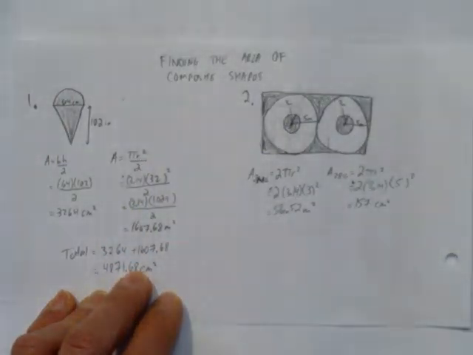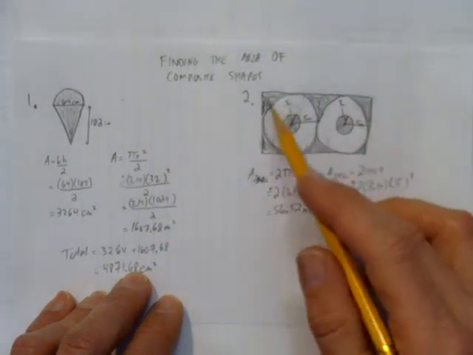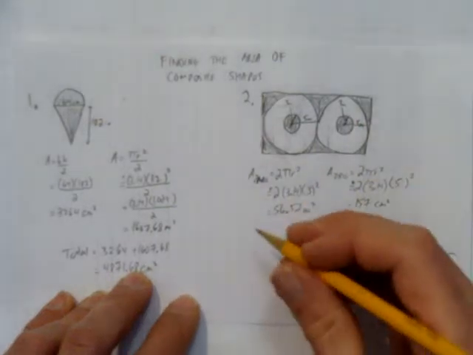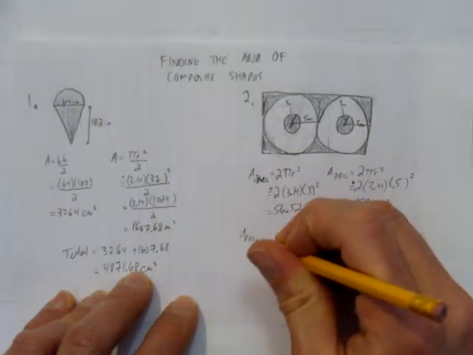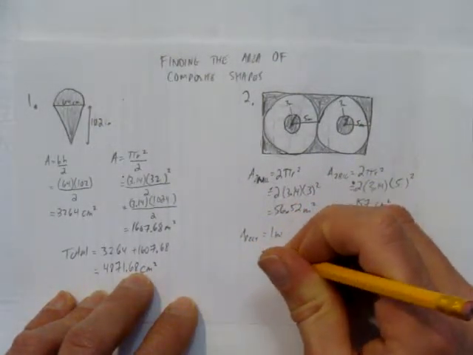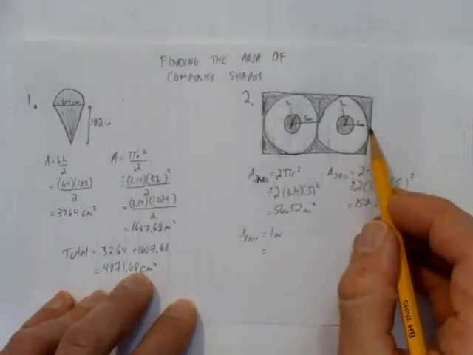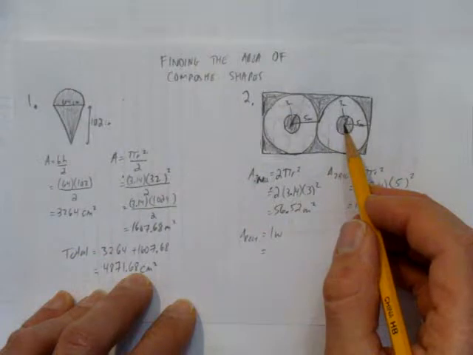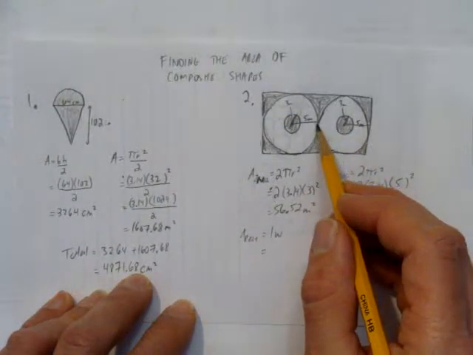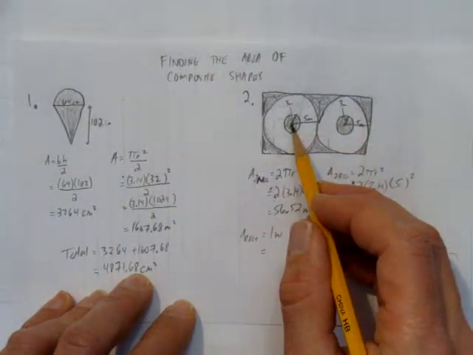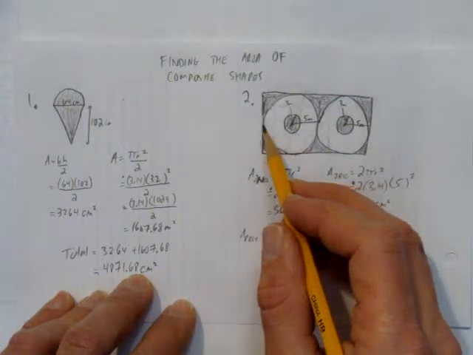The last area shape that we need to compute is this outside big rectangle, and the area of the rectangle, as given on your formula sheet, is just length times width. But what's the length? Well, a radius here is 5 meters, which means it's another 5 meters to this radius, another 5 meters across the center here, another 5 meters to the side.